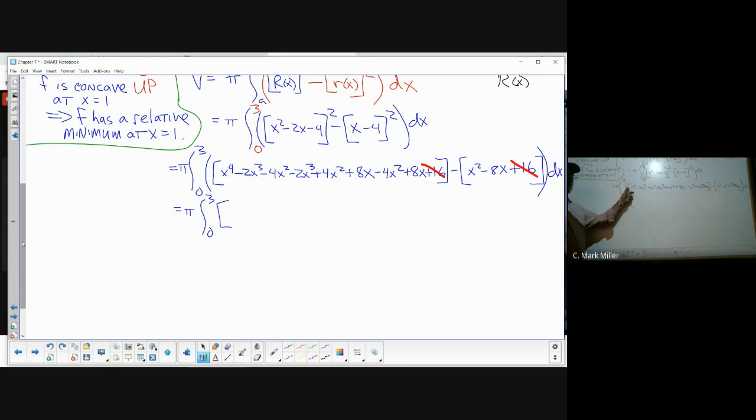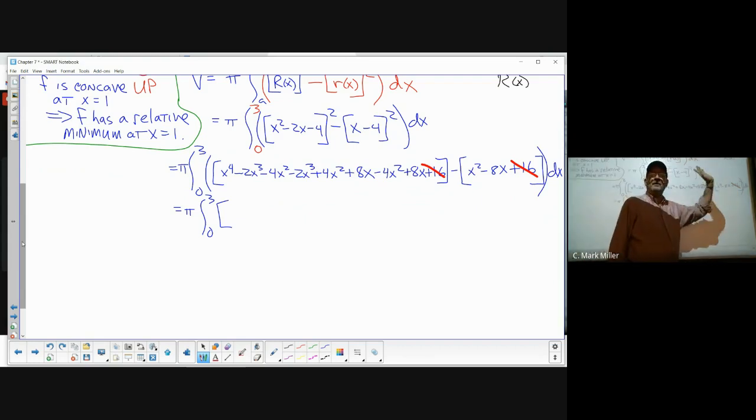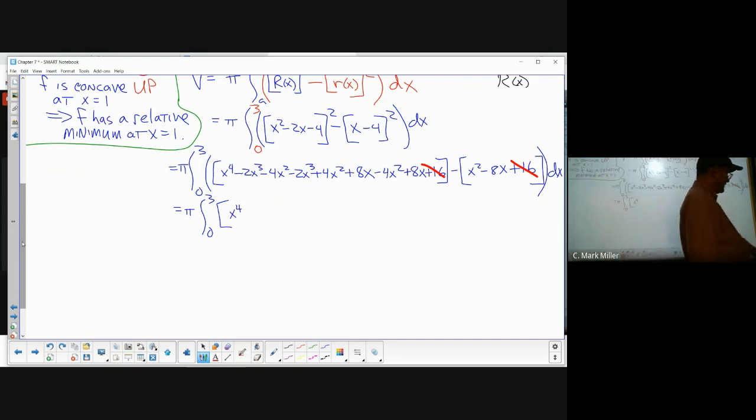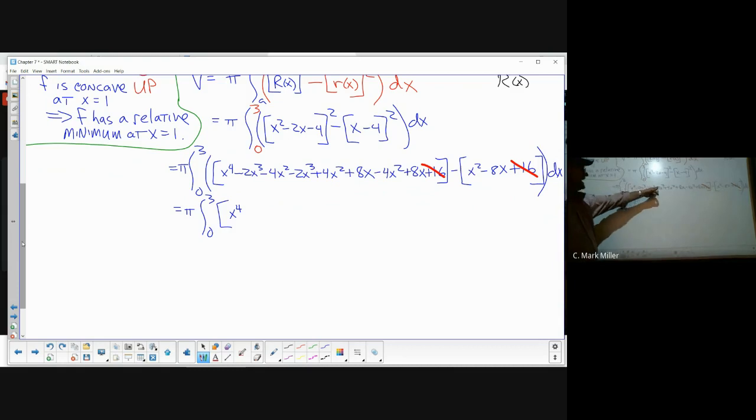x to the fourth. Are there any other x to the fourth? No. So that's an x to the fourth. That was easy. x cubes. Minus 2x cubed minus another 2x cubed. By the way, I'm going to underline the things I've already accounted for, okay? So that's a minus 4x cubed. x squared.